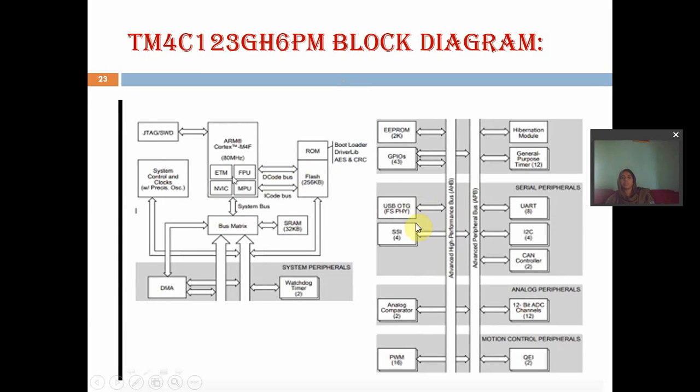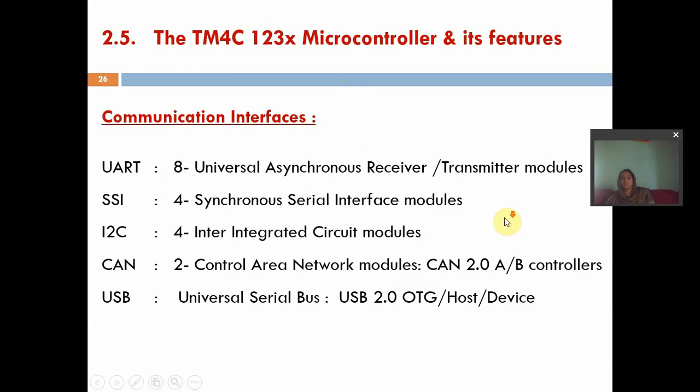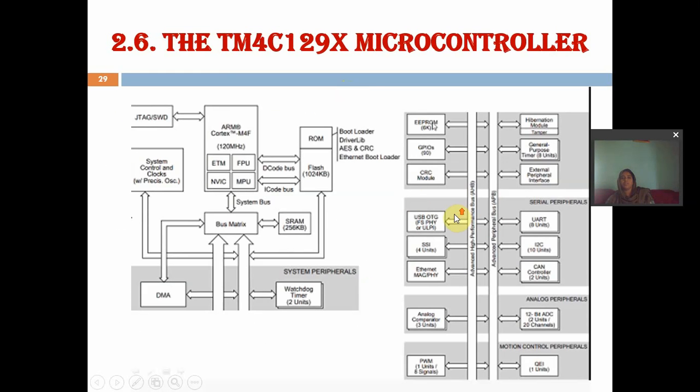So this is the 123 block, sorry, this is system peripherals. We don't have the CRC block and external peripheral blocks in the 123. These two blocks are additionally added in the 129, so that we have added a security device in the 129 microcontroller.